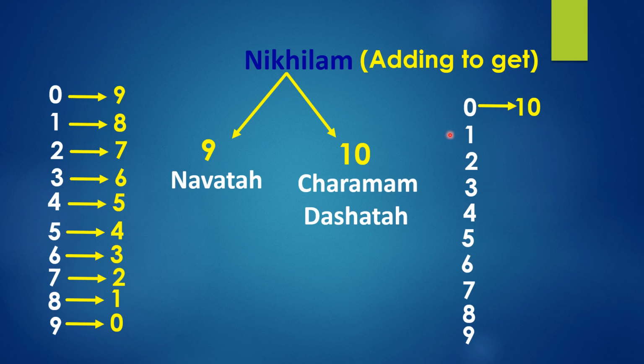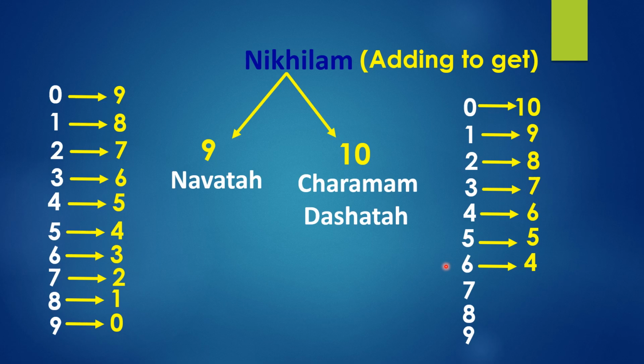It's 10. How much should be added to 1 to get 10? It is 9. Similarly, to 2 we should add 8 to get 10. How much should be added to 3 to get 10? It is 7. How much should be added to 4 to get 10? Yes, 6.